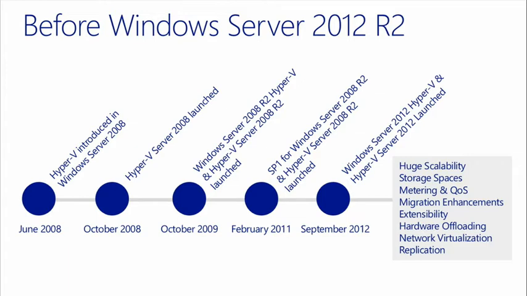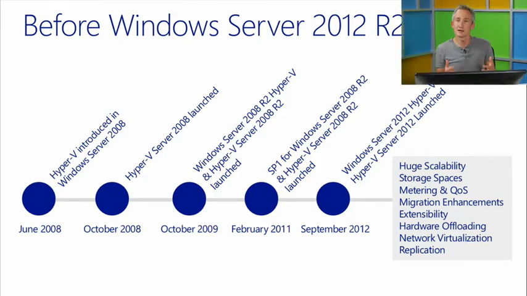And when we think about some of the other integration points with hardware vendors, the hardware offloading storage-related technology, network-related technologies, enhancing the overall performance of the virtualized infrastructure through integration with our hardware partners. Think what I said before about the needs and the challenges that customers are facing. They're looking to better utilize their existing hardware investments and their new hardware investments, and Hyper-V and Windows Server is right there to take advantage of those particular investments.